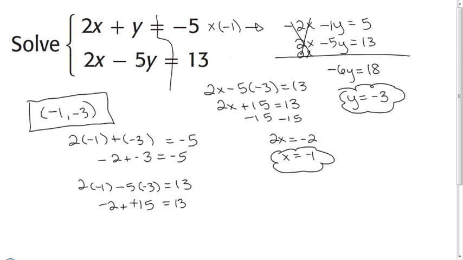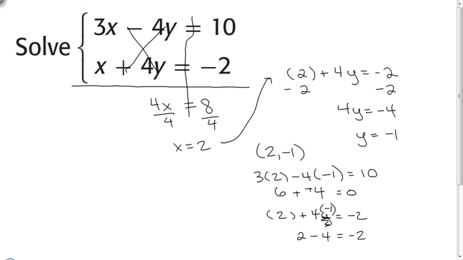Or here for the y, I'd have to divide by 5. I could, however, solve for this y. All I'd have to do is subtract the 2x and it's ready to substitute. But it was actually easier to solve by elimination. And in this problem right here, again, I wouldn't want to solve for any of these three variables because of their coefficients, but I could have solved this equation to say x equals and set it up for substitution.